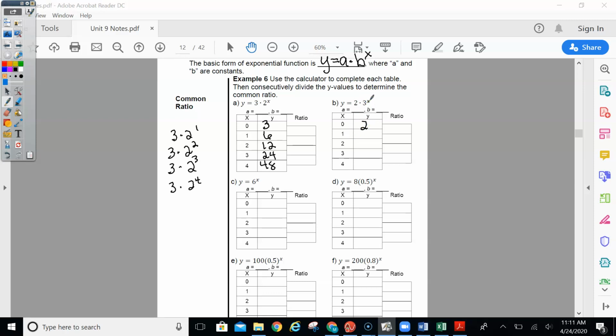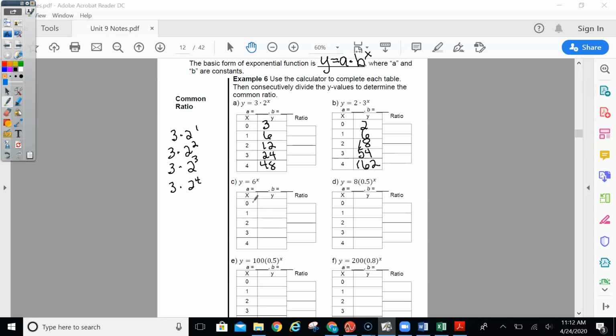If I plug in a 1, that's 3 times 2 is 6. If I plug in a 2, 3 squared is 9. 9 times 2 is 18. 3 cubed is 27. Times 2 is 54. 3 to the 4th is 81. 81 times 2 is 162.